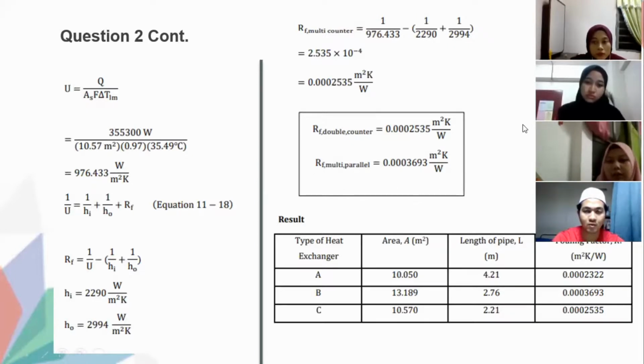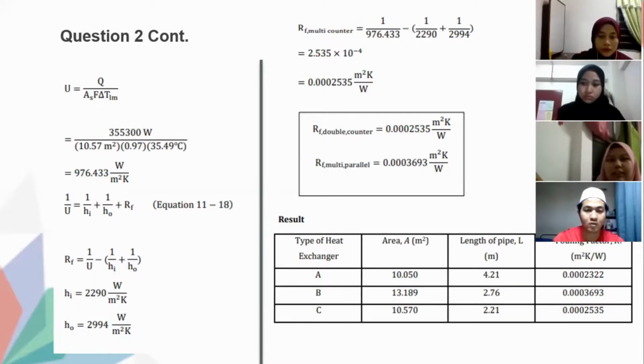So from the result, we can see that type C has a length that is smaller than the limitation length of 2.5. So C is the best design for our limitation.